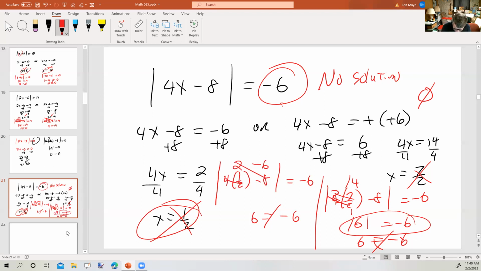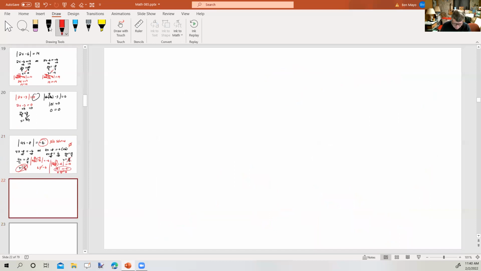Okay. So what if we have a situation where there is an absolute value and some other stuff on the same side of the equation? Okay, what if you've got something like this?